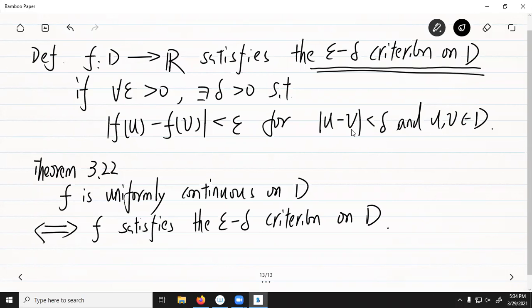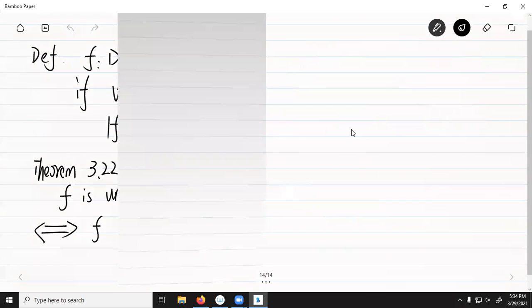So now it becomes uniformly continuous on the whole domain D. Okay. Now let's look at the remark.